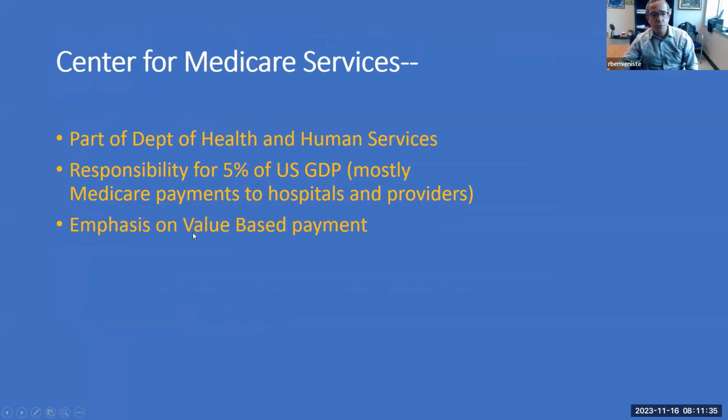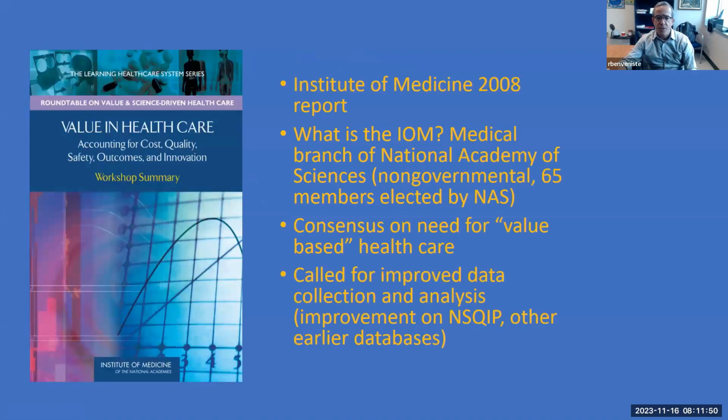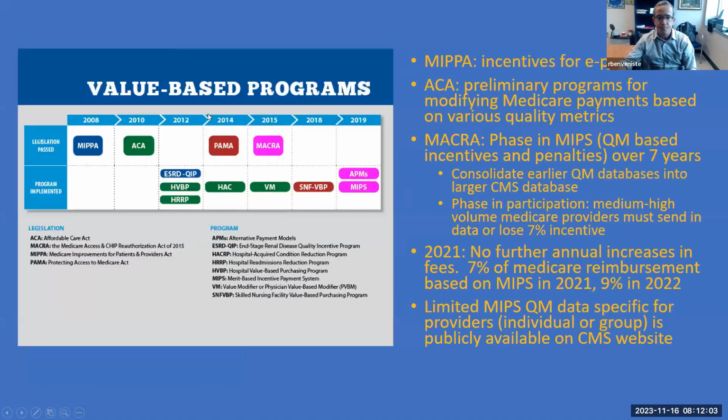And beginning in 2008, the Center for Medicare Services decided that for a number of political and scientific reasons, there should be an emphasis on value-based payment rather than just paying more and more for the provision of more and more services. I don't want to belabor this part, but there was an Institute of Medicine report that was seen among policymakers as a call by experts for more quality in healthcare and less quantity.